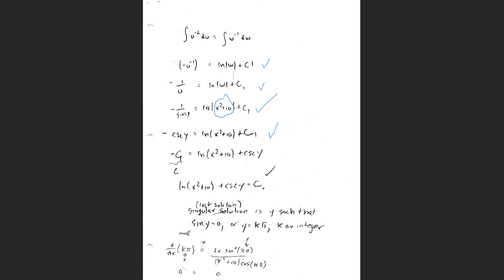Okay, so now you have here -1 over the sine of y. That is negative cosecant of y by definition. And what I do is I bring the C1 over to the left side and call negative C1 just C. Then I bring the cosecant of y over to the right side. And so you get the log of x squared plus 10 plus cosecant of y equals a constant.